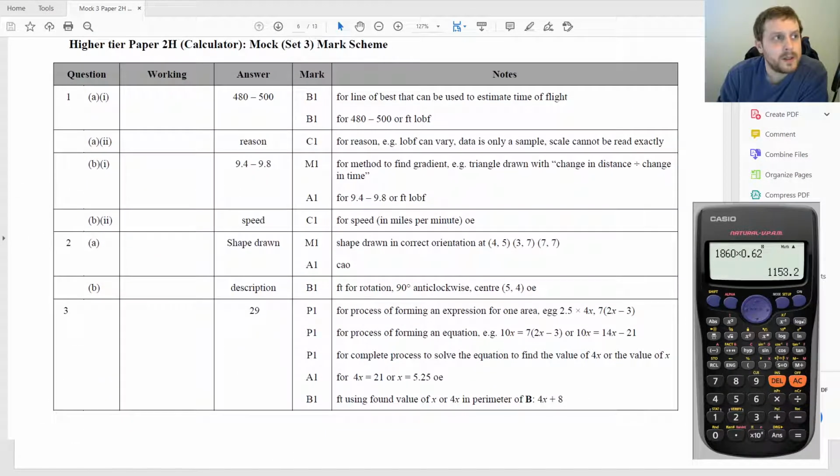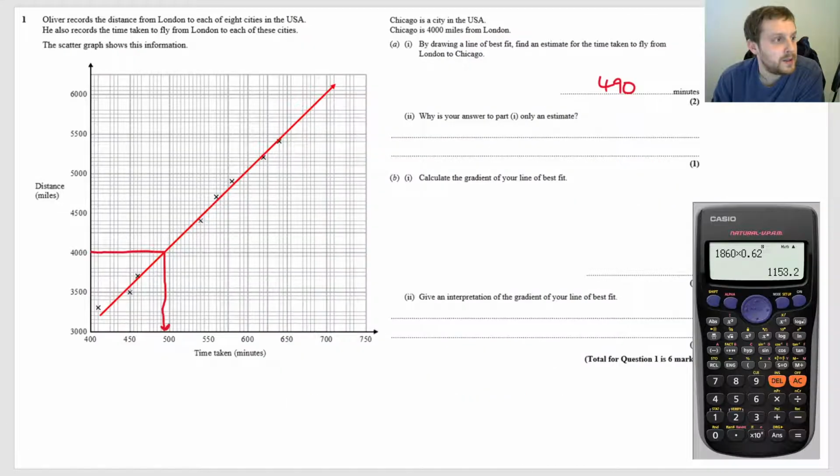Oh, great. Look, the mark scheme is appearing on there for you. Hey, well, that's good, isn't it? Okay, so 490 is actually right in the middle of what the mark scheme allows. So we'll go with that. Is that what I need to hide? This one? Yeah, there we go.